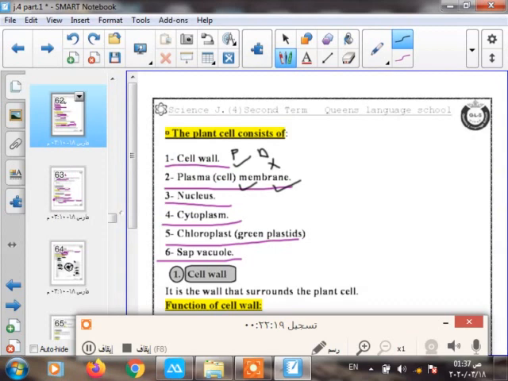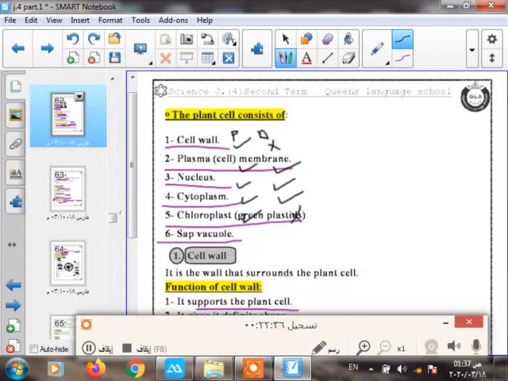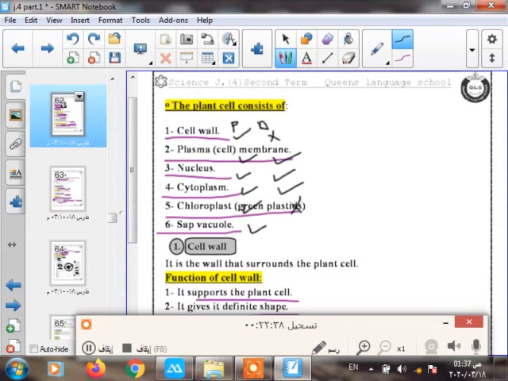Nucleus in both, found. Cytoplasm in both, found. Chloroplast is in the plant only, to make its own food by photosynthesis, and animals don't need photosynthesis, so chloroplast is absent. Sap vacuole in the plant.